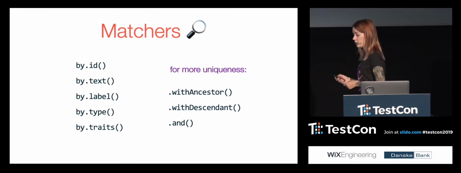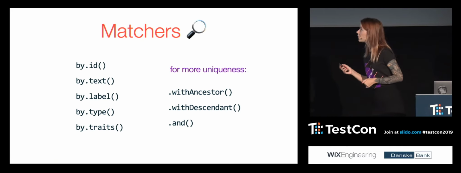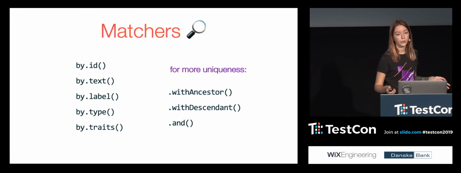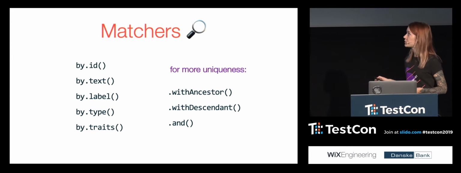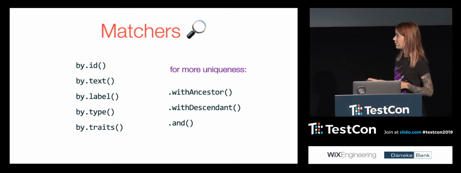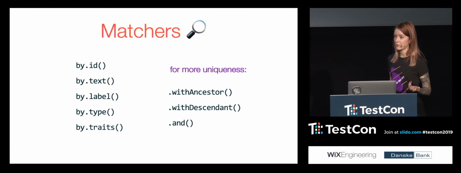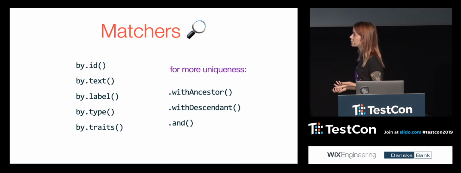So there are these kinds of matchers that you could use, and of course probably all of us would use by ID because it's the most specific that we can use, but we can also search for elements by text, by label, by type, and by trace. By type would be more like a class name in JavaScript, but in Detox it's called by type.